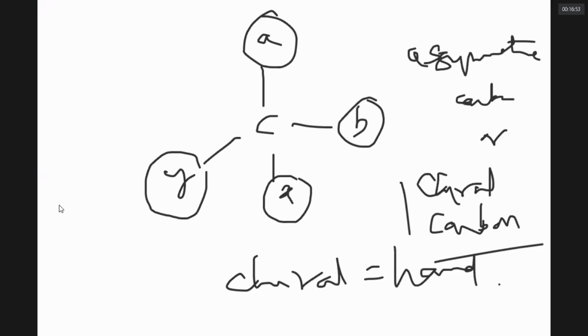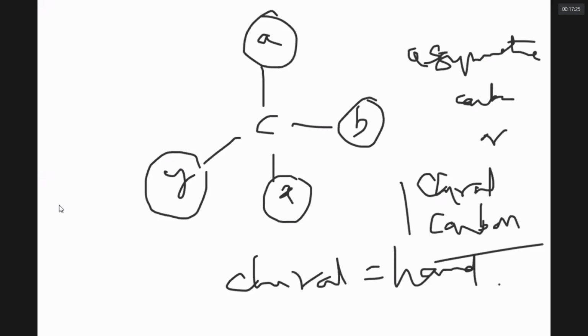Now, chirality is due to a lack of symmetry. Molecules which don't have symmetry, which cannot be cut into two equal parts, which have an object-image relationship possibility, that can rotate plane polarized light in a clockwise direction, while its mirror image rotates plane polarized light in an anti-clockwise direction. They are all said to be optically active compounds.